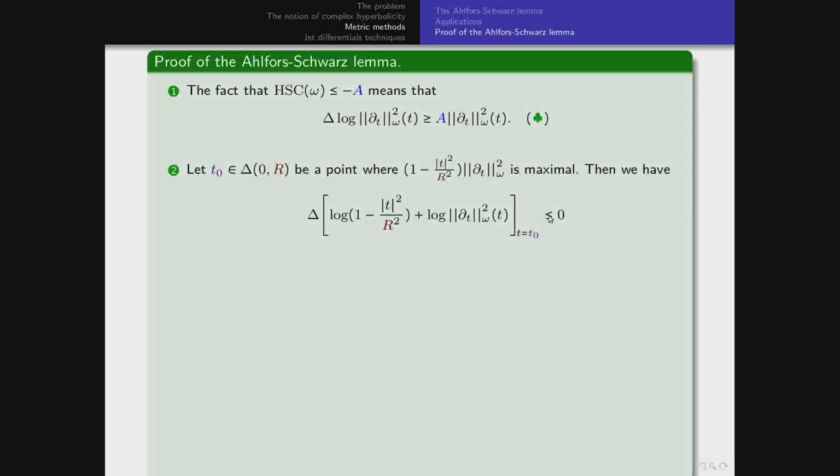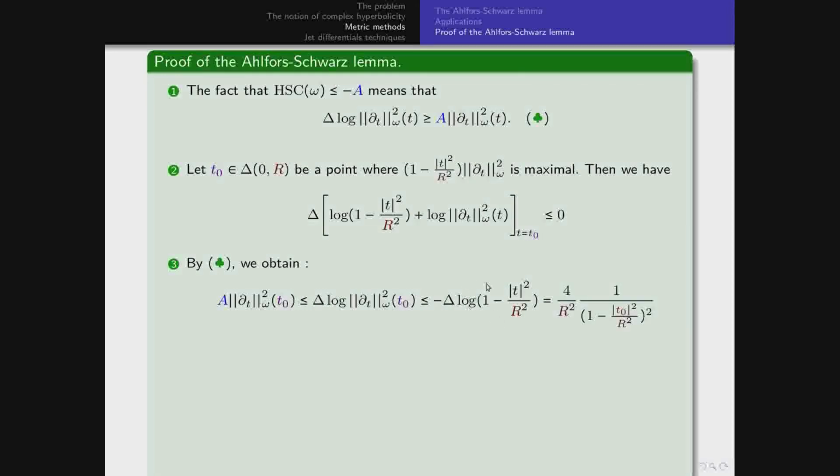And now you use this inequality here to bound from above a times the norm squared of the tangent vector at t0. So you use this here to bound it from above by this Laplacian, and if you compute this Laplacian, you actually get the Poincaré metric. So now you are almost done. You see that you have this inequality, and you recall that you have chosen t0 such that this is maximal.